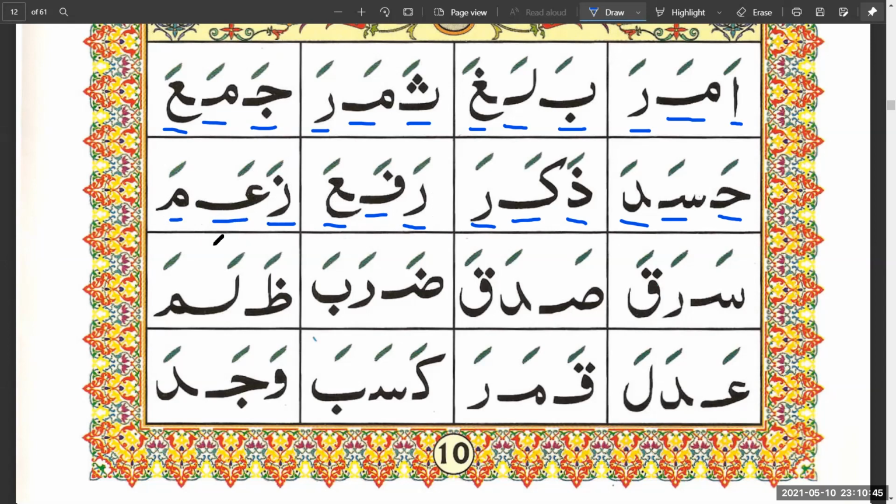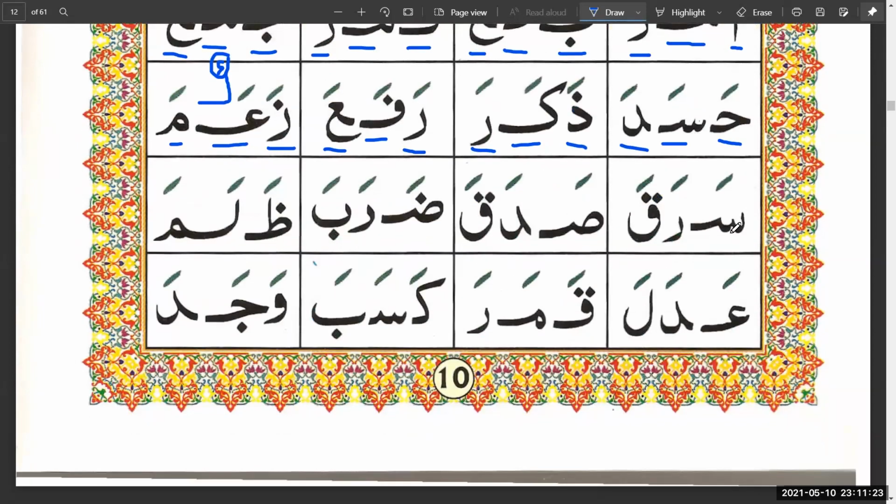For this one, we don't want to forget that this is not a hamza. Ains look like big hamzas when they come in the middle of a word or even at the beginning of a word. Hamzas are going to look even smaller. They'll actually be connected to another symbol or structure, and they'll be really tiny at the top. We'll see an example of that later, inshallah. But you don't want to get confused with this right here. This is our ain when it comes at the beginning or in the middle of a word.